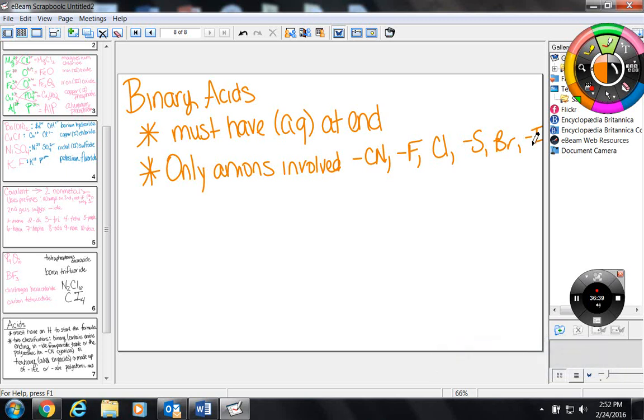To name it, it's hydro, then the root of the anion, then ic, acid.